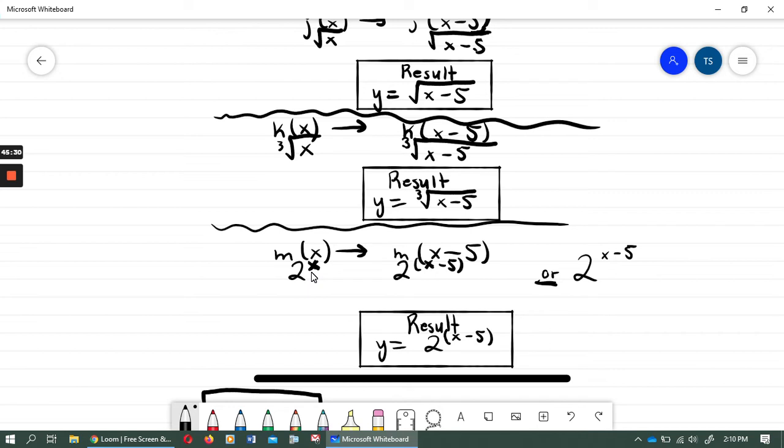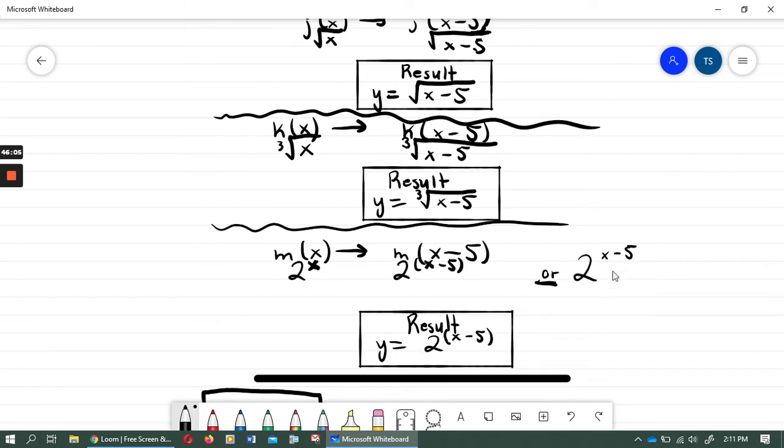So where your parent function only has x on the inside of the function as part of the exponent, when you subtract the 5 inside, now not only is x a part of that exponent, but it is written as x minus 5 as a part of your exponent. Guys, this could be written with the parentheses or without the parentheses.